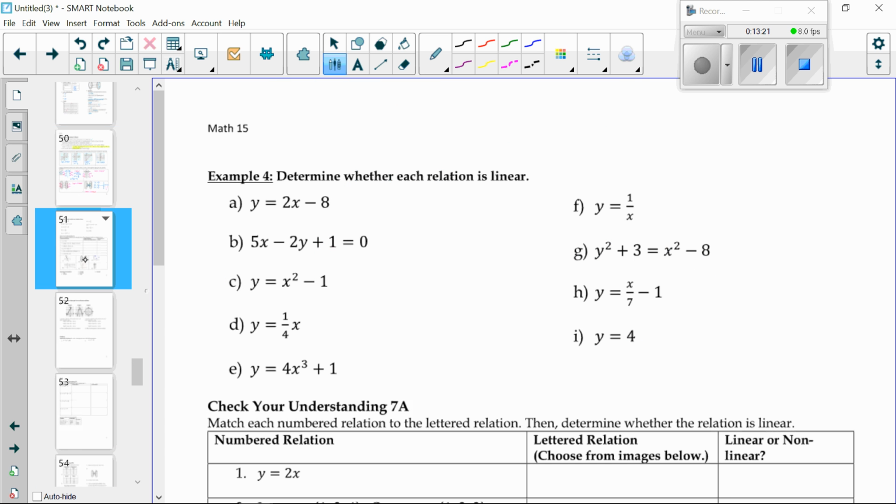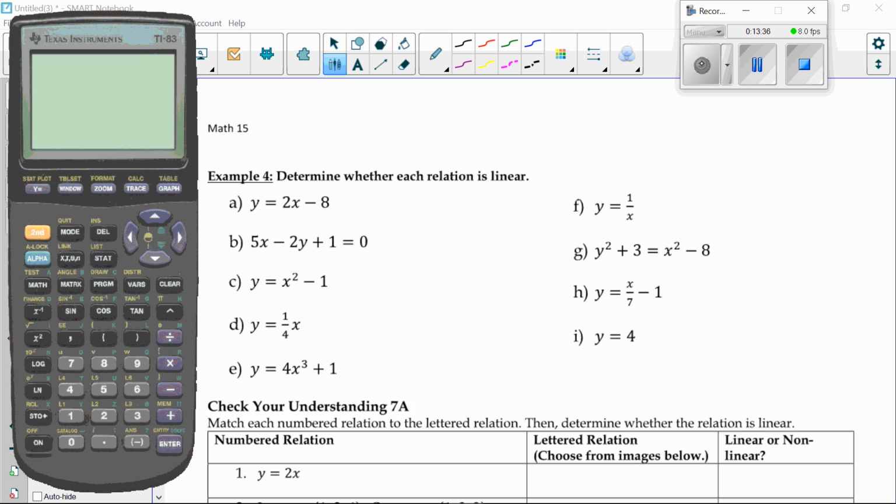So here, now we're going to take a look at determine whether each relation is linear. I'm going to pause really quick and pull up my graphing calculator because I'm going to graph these for you so you can see what they look like. For most of these, we should be able to figure out whether or not they are linear.